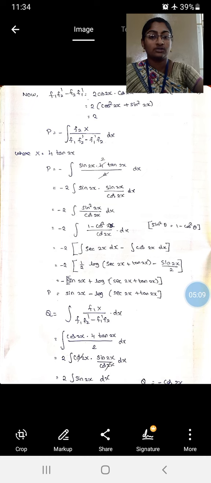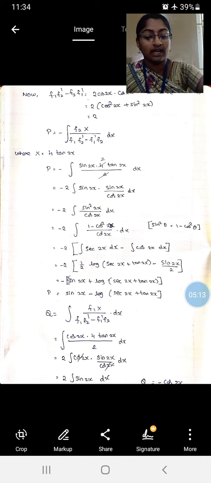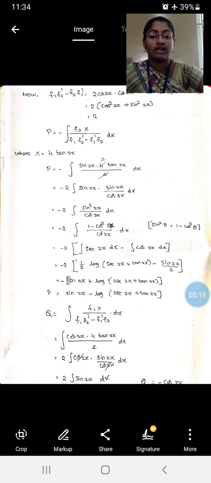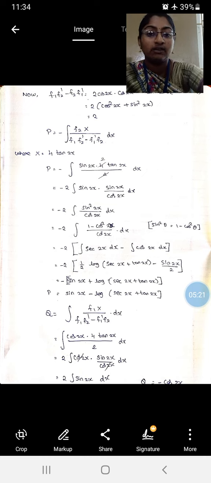So I am substituting everything: p equals minus integral, the value of f2 is sin 2x and the value of X is 4 tan 2x into dx, divided by the denominator we already found, which is 2. Write it down: the denominator value is 2. We can cancel both 2 and 4, since they are divisible by 2.